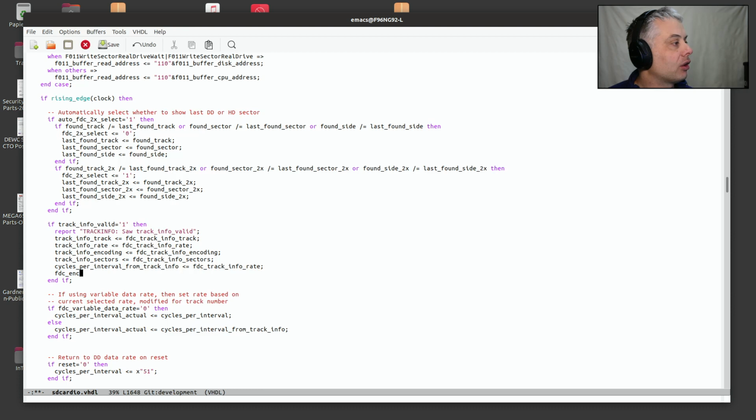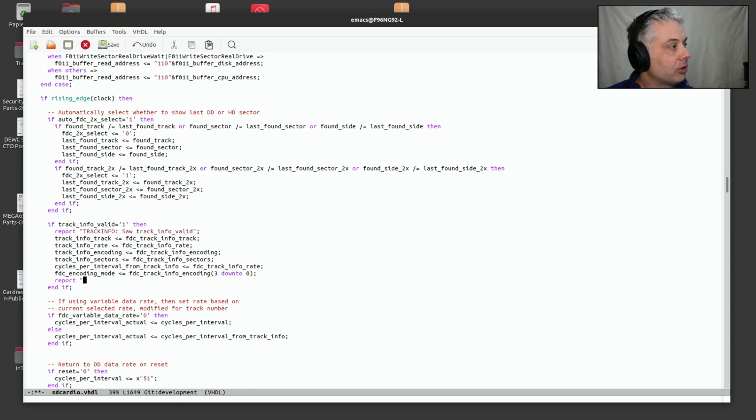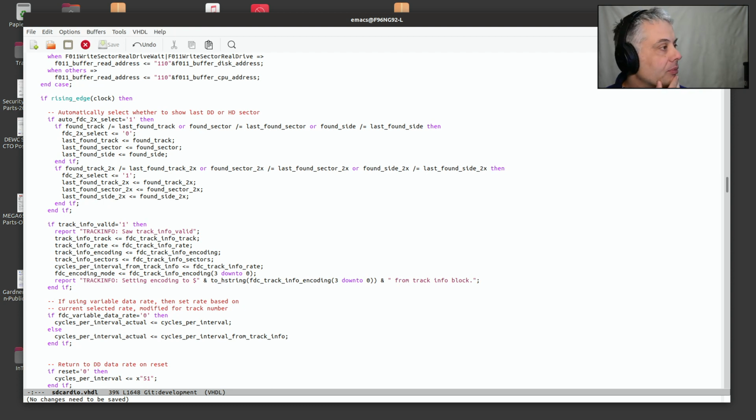So it was FDC encoding mode, wasn't it? FDC track info encoding 3 down to 0. Report track info setting encoding to info block. So that should automatically set it to RLL.